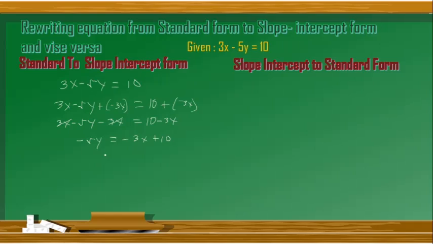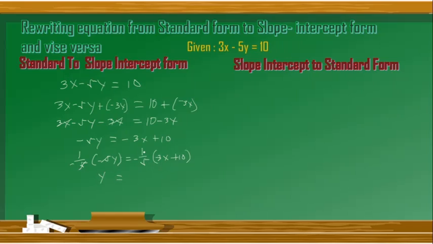Okay, after that, we apply the multiplication property of equality to eliminate negative 5. So we multiply both sides by negative 1/5: negative 1/5 times negative 5y equals negative 1/5 times negative 3x plus 10. Okay, so this one is cancelled out. What is left is y.